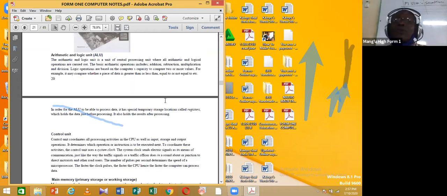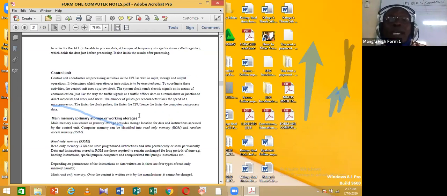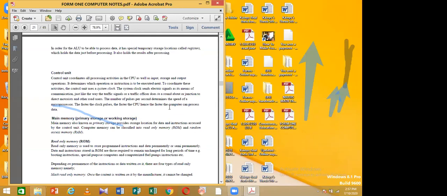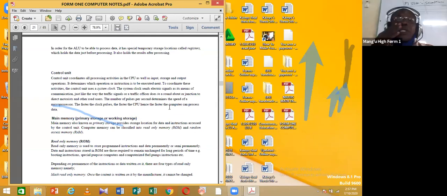Now, the control unit, on the other hand, coordinates all processing activities in the CPU, as well as input, storage, and output devices. It controls all those devices which make a computer.